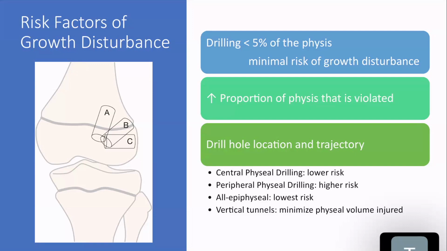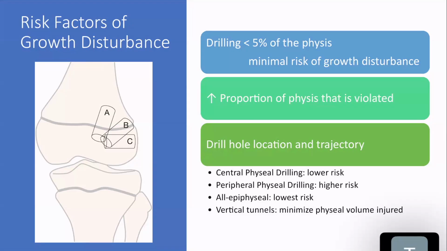Option B is more oblique transphyseal, and this is a more anatomic graft position for the ACL, but you're drilling through a greater volume of physis, which can have a negative effect on the growth plate. And then option C is a more horizontal epiphyseal. The nice thing here is that you try to keep near anatomic position of the ACL.